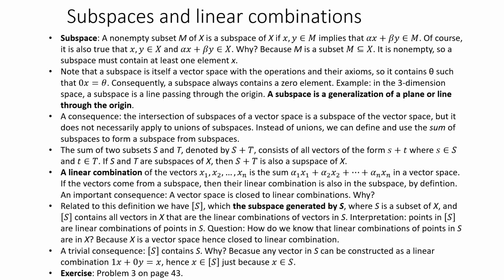So any vector in S can be described as a trivial linear combination. So any point in the subset S must be in the subspace generated by S.